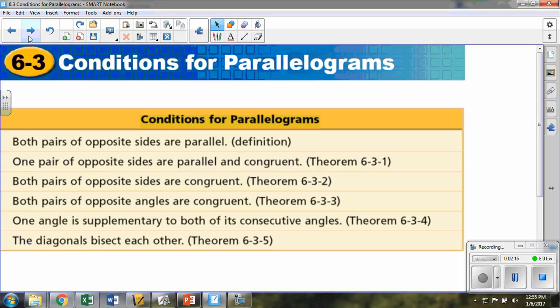Well, please notice and compare the lists. The definition, we did that one yesterday. Parallel gives you this. Parallelogram gives you, parallelogram gives you, parallelogram gives you. 5 of the things that we get from it being a parallelogram are actually biconditionals.